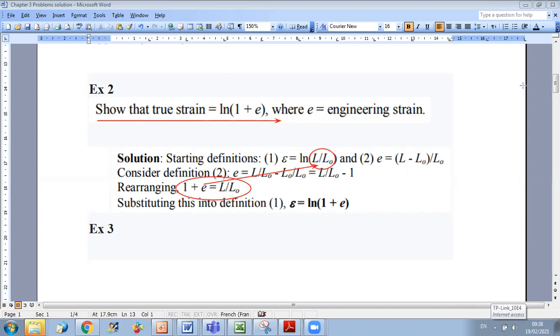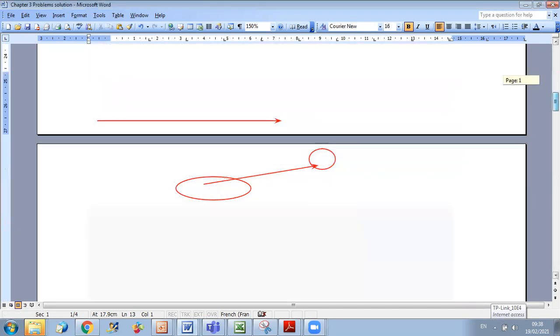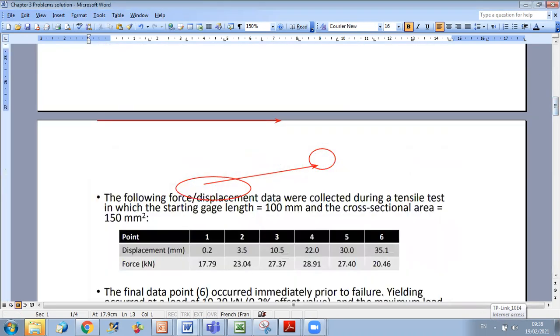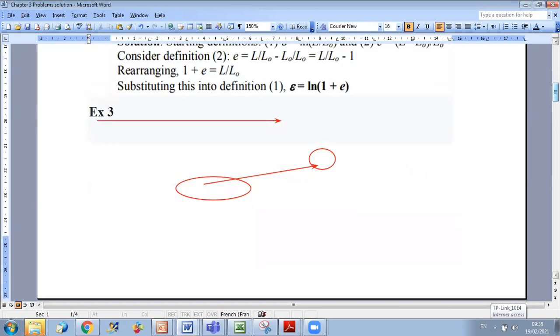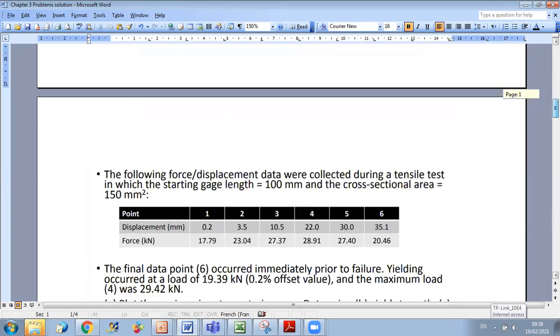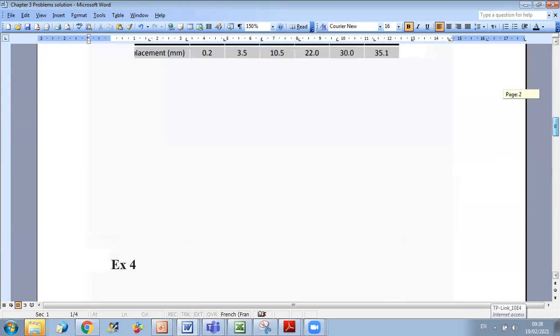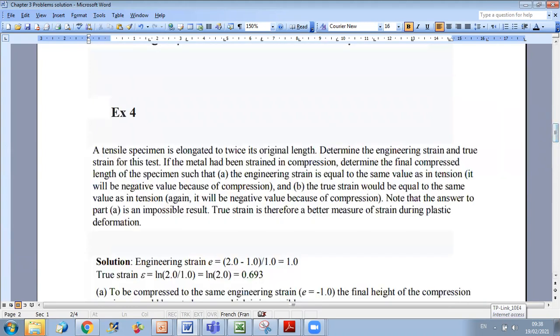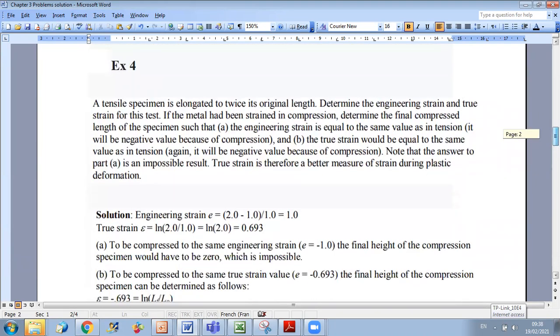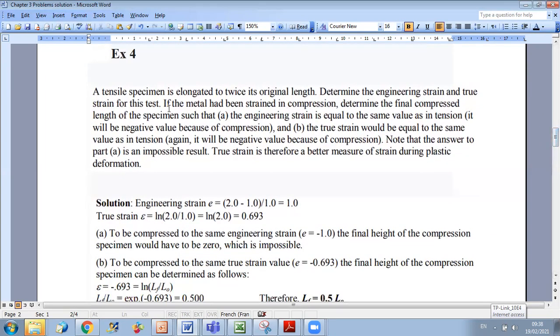Now, another problem. In a tensile test, a tensile specimen is elongated to twice its original length.